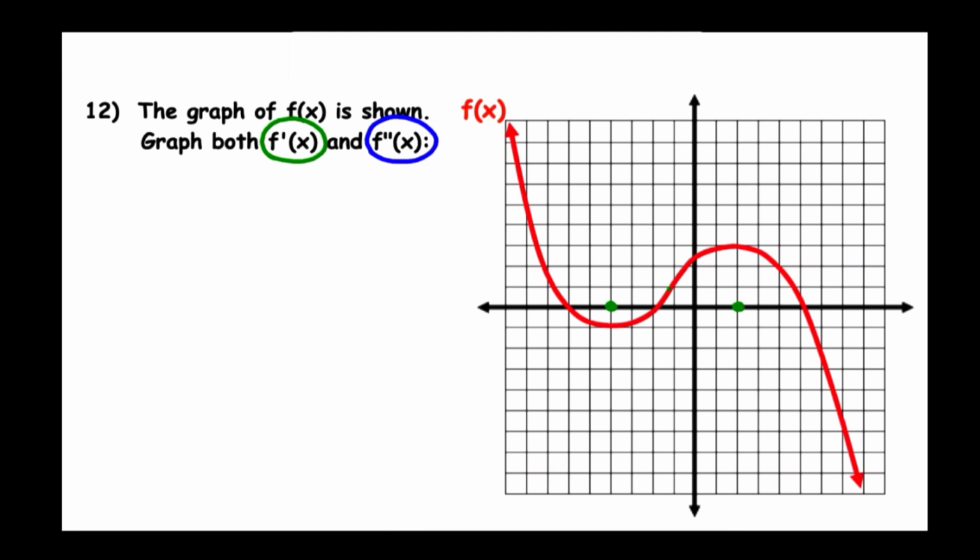Right about here at -1, just looking at that, it looks like the slope is probably right about 2, up 2 over 1. And so I'm going to put a dot right here at 2. Again, this is just a sketch. I'm doing my best. I can see that over here, the slope is very negative. Over here, the slope is very negative.